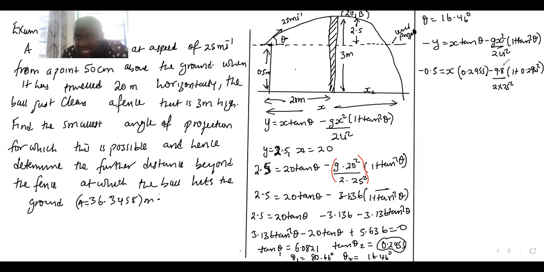Can we get a quadratic in x? Another person may not use this equation of the trajectory and use the equation of vertical displacement. Then you find the time, then the horizontal displacement, as I'm also going to show you.